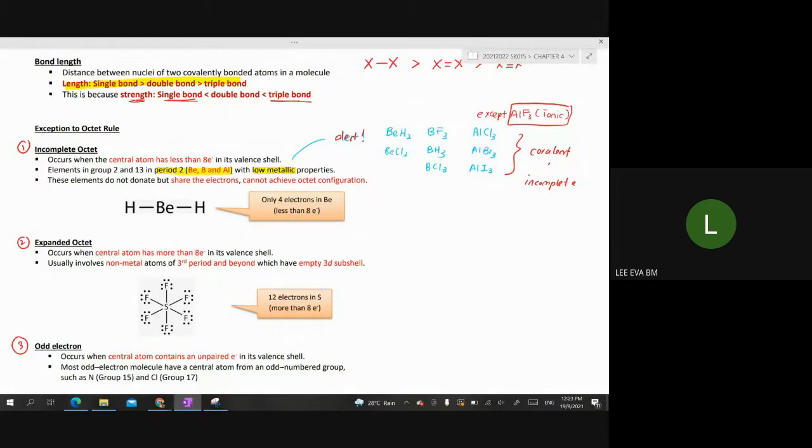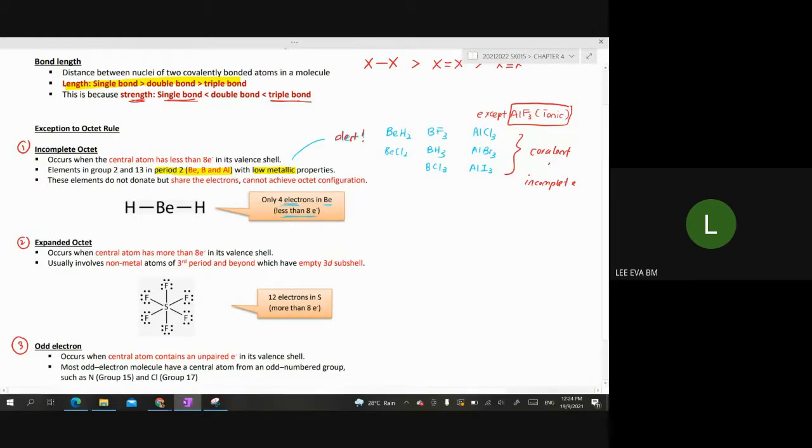The rest of it, as long as you see beryllium, boron, aluminium, they are all incomplete and covalent. So for BeH2, only 4 electrons in beryllium, less than 8, therefore it is incomplete. Like BF3, boron has only 6 electrons, less than 8. It is incomplete octet.